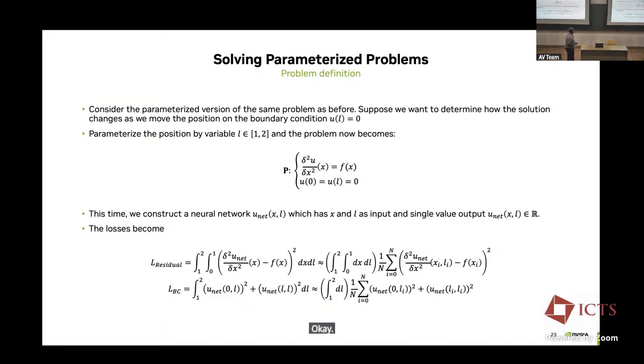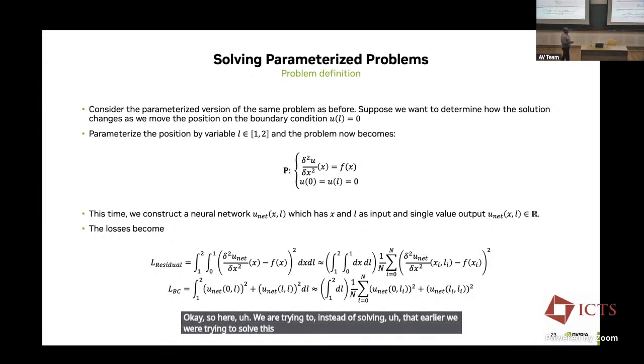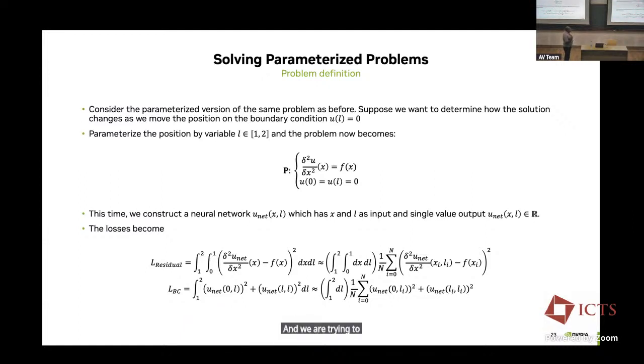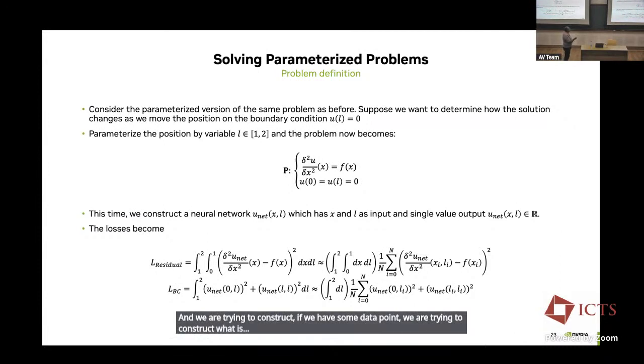Okay, so here, instead of solving what we earlier solved, which was this equal to 0, here we are trying to solve it equal to f(x). And if we have some data points, we are trying to construct f(x), which is nothing but the source function, right?